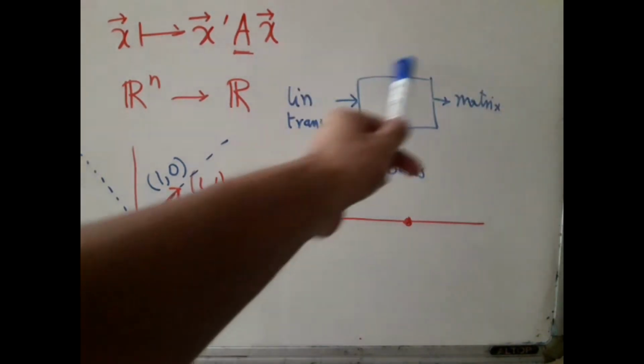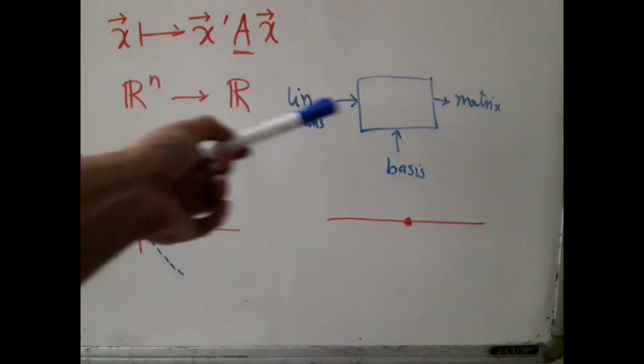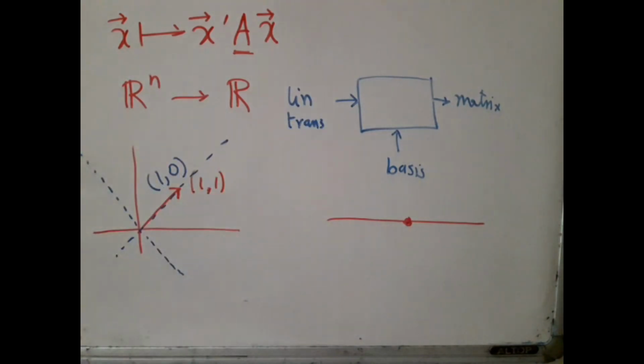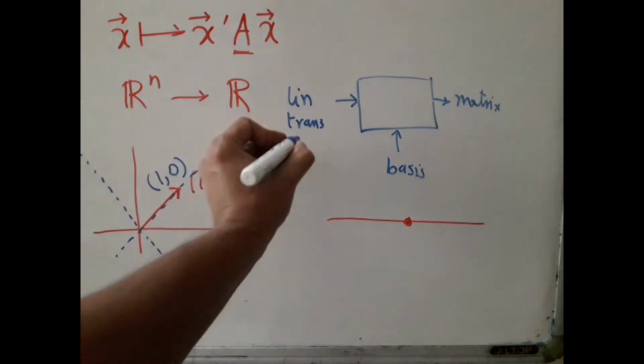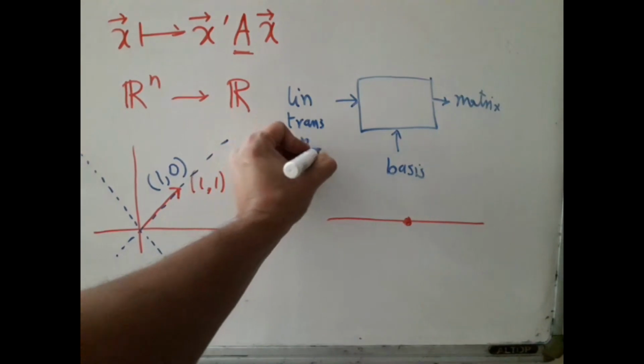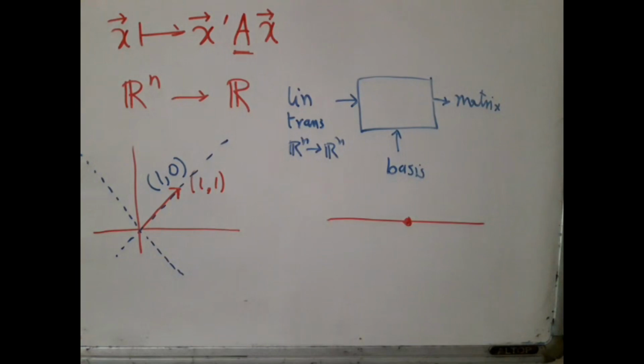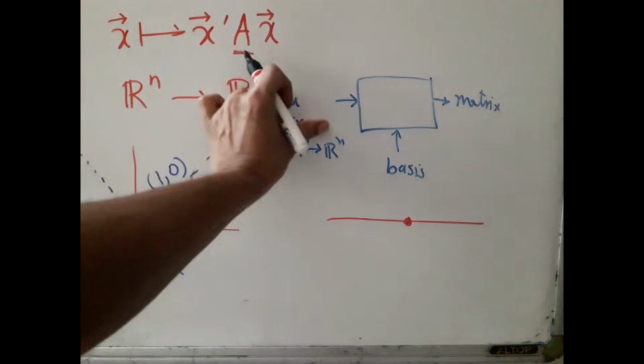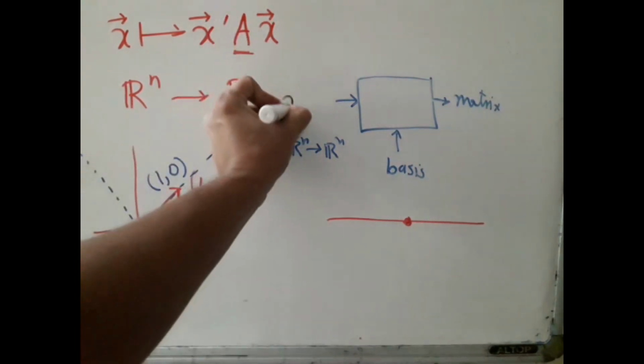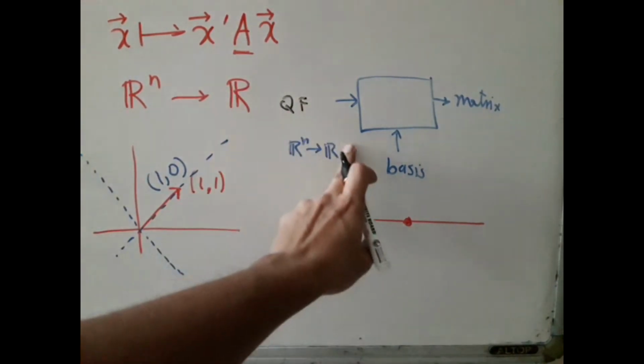There we saw that it was like a black box into which you feed a linear transformation. We know that every linear transformation can be represented by a matrix, but with respect to a certain basis. So this arbitrarily chosen basis was causing much of a problem. There the linear transformation was, say, from Rn to Rn, and we were choosing a basis. Now a very similar thing is happening here, except that we are working not with a linear transformation but with a quadratic form, which is a function from Rn to R.